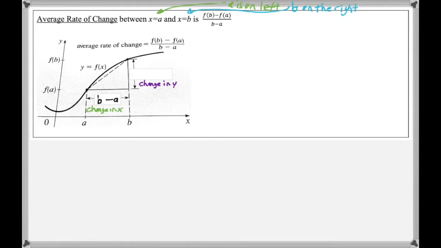And to find this distance, we need to take f of b minus f of a. So that's really how we get this formula. And essentially, this is like the slope formula.